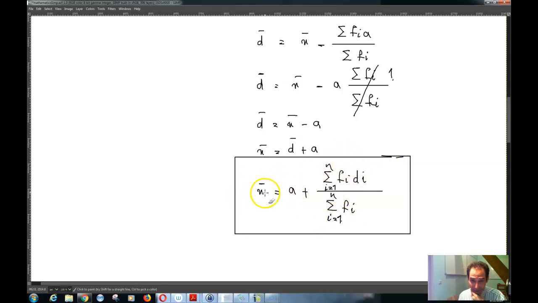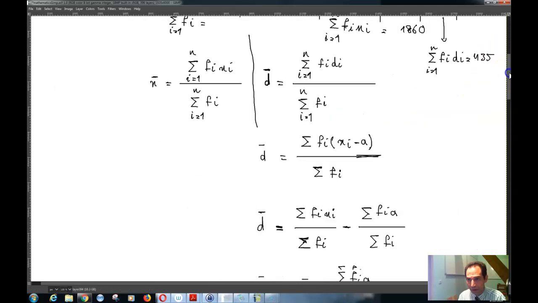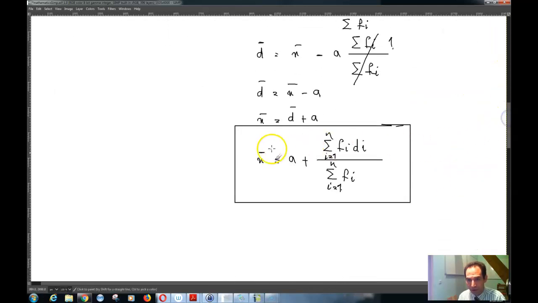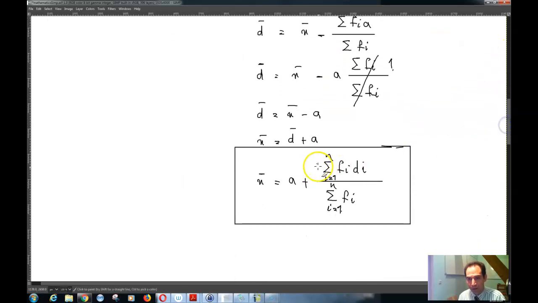So now you can simply find your d of i, multiply f of i times d of i, and then calculate the whole thing. At the end of the day, your calculation is much easier. You take any a from these numbers, and based on that you do the rest of the calculation, and then you use this formula to find the mean of your observations. Very interesting.